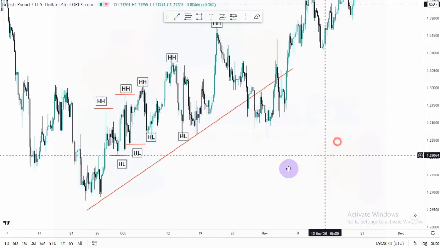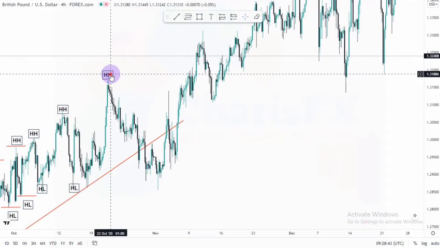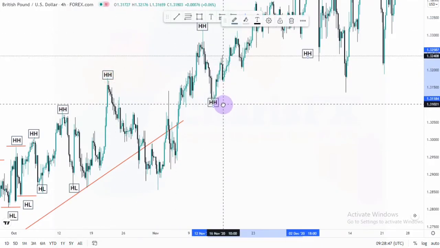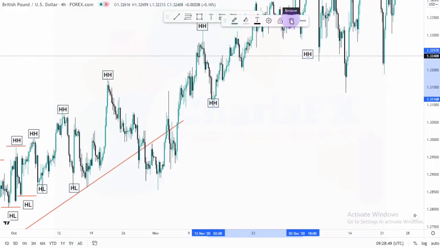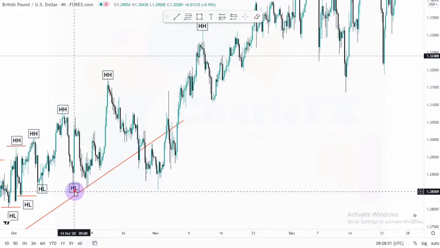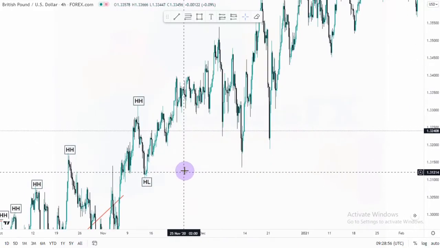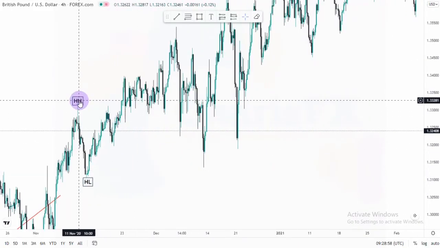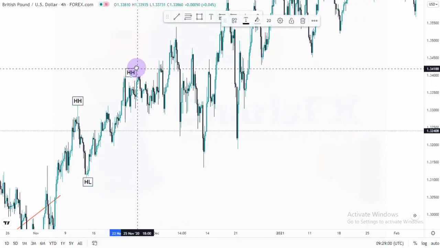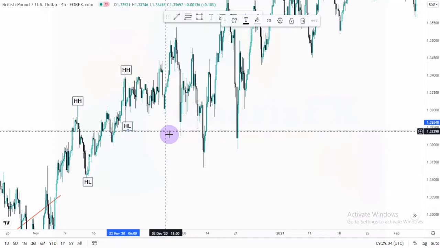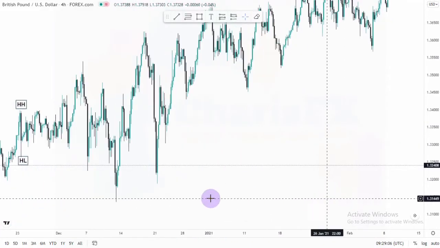They took out the liquidity and they continued the trend bullish, higher high, higher low here. So you can see that price keeps forming higher highs, higher lows, right?